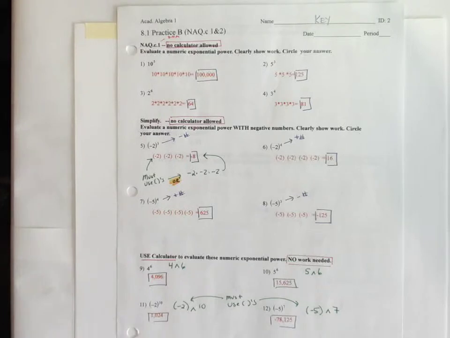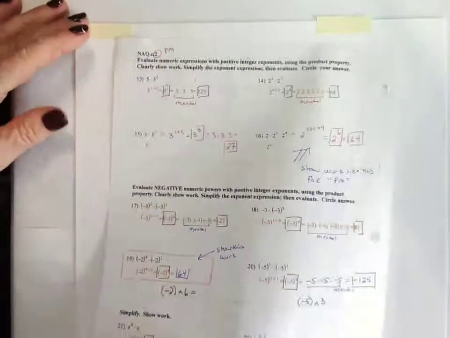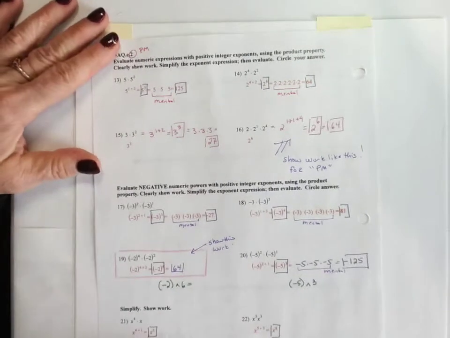Okay, so if you're looking at this, you could pause this. That's the answers to the front, showing the work that you're required to do. And here are the answers in the back.